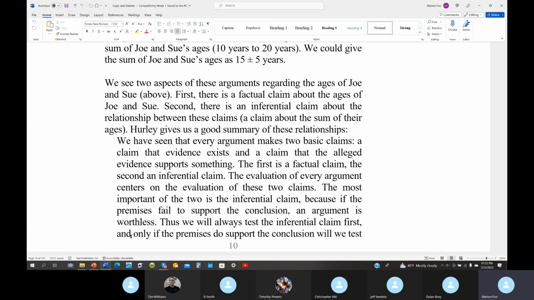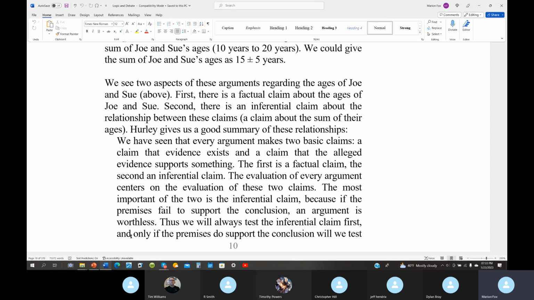Hurley gives a good summary of these two relationships in the basics of logical argumentation. We have seen that every argument makes two basic claims: a claim that evidence exists, and a claim that the alleged evidence supports something. The evaluation of each argument centers on the evaluation of these two claims.